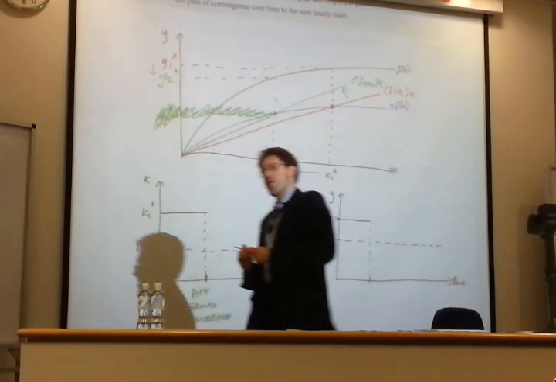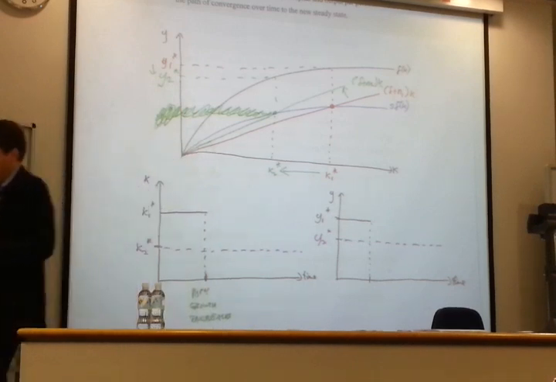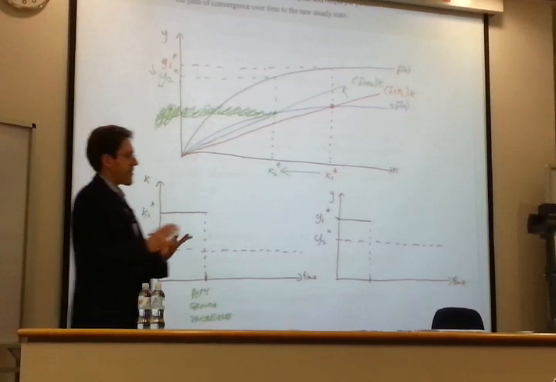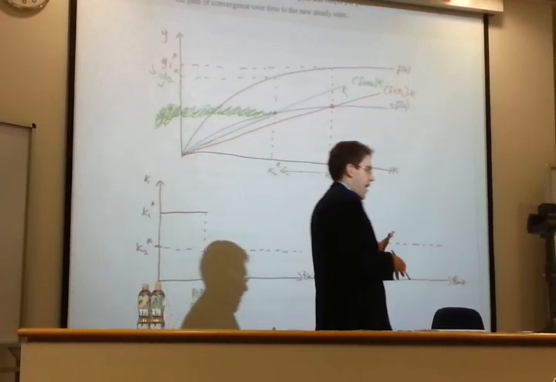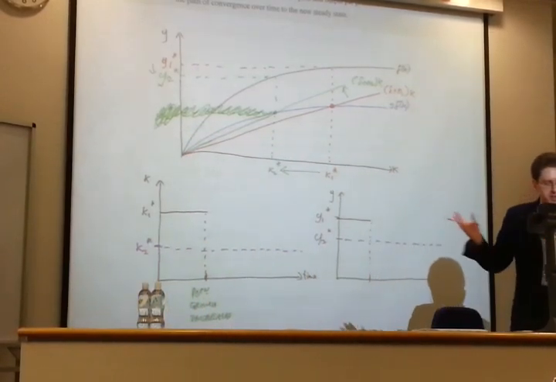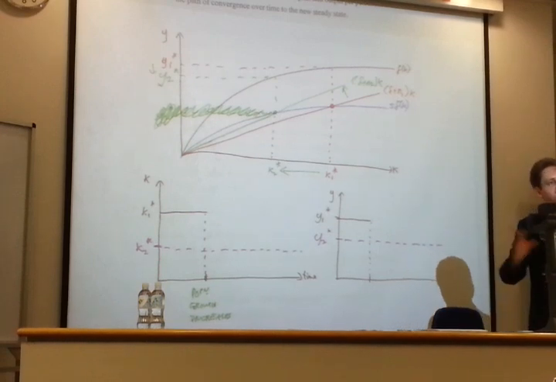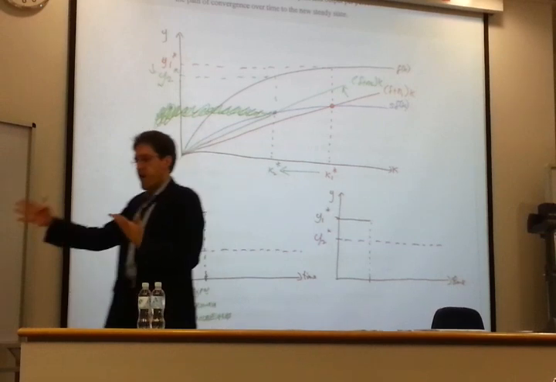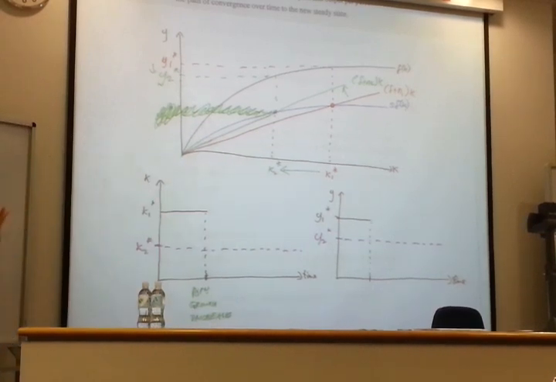Is that right? No, it's not right, because the variable K, of course, is the capital stock, and that is a variable where much of what you're using is a stock. The stock of capital is already there. Of course, you're changing the amount gradually over time because you might be adding more or not maintaining what you've got.